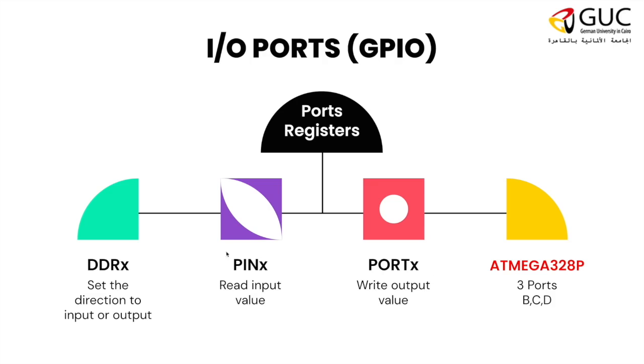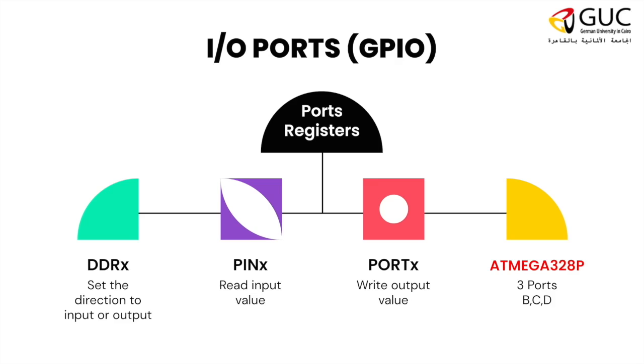Therefore, we have here the X, because the X can be either B, C, or D. So if I'm operating on port B, which contains 8 pins, I will be dealing with registers DDRB, PINB, and PORTB. If I'm dealing with the 8 pins of port D, I will have the DDRD, PIND, and PORTD registers. If I'm dealing with the 7 pins of port C, I will be dealing with DDRC, PINC, and PORTC. Okay, and it's really important.